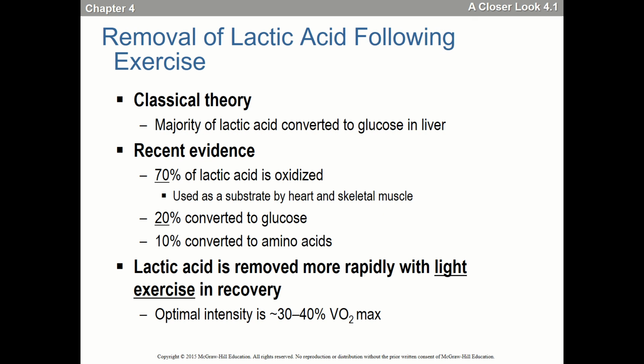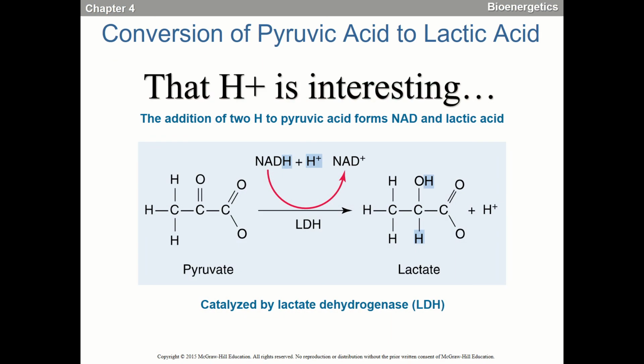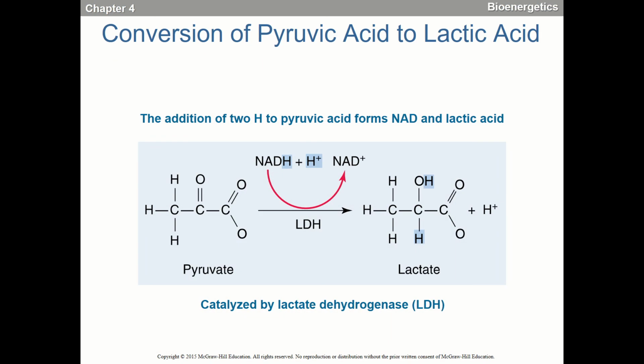But recent evidence indicates different things. I want you to get this very well. About 70% of it is actually oxidized for fuel. Where is that? Okay, right here, oxidized for fuel. I'm going to talk about this picture just a little bit.